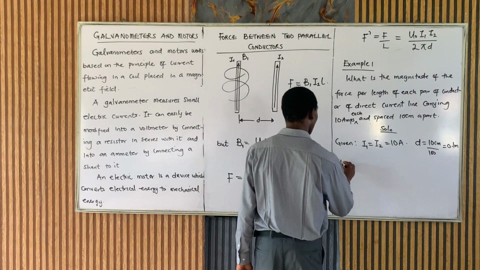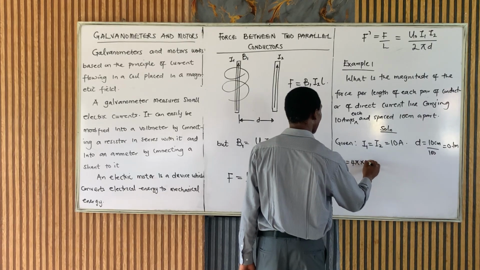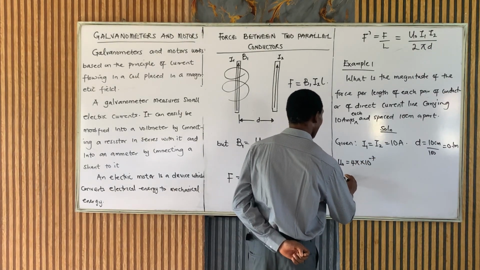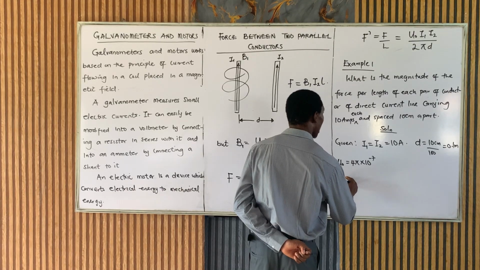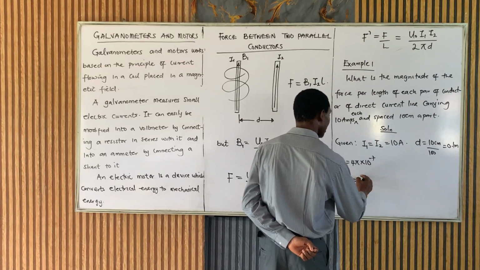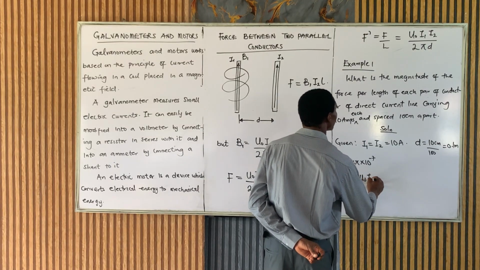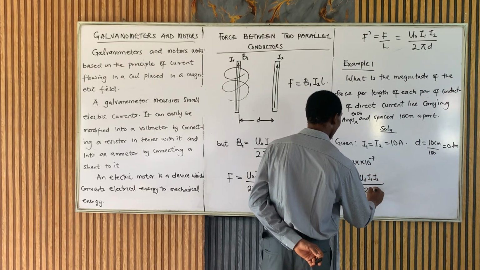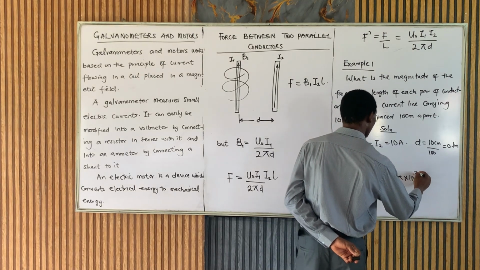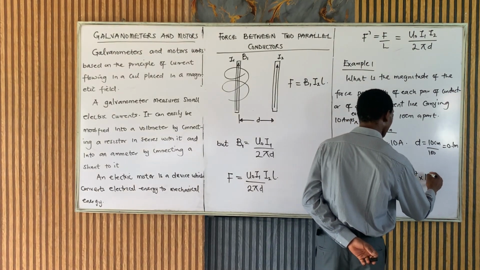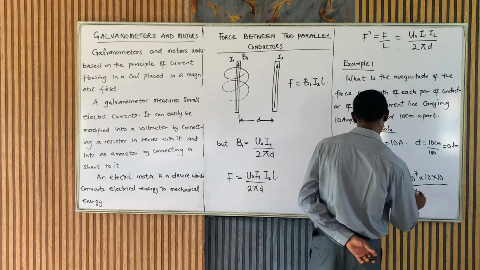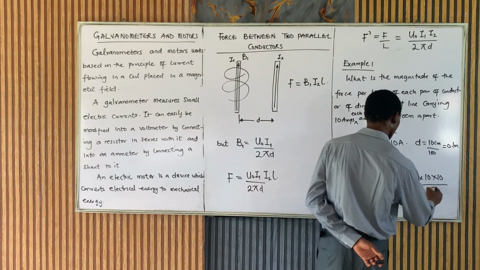We know that our U naught is 4 pi times 10 raised to the power minus 7. Okay? So with this now we can say that our force per length is given as U naught I1 I2 over 2 pi d, which is 4 pi times 10 raised to the power minus 7 times 10 times 10, divided by 2 pi times 0.1.